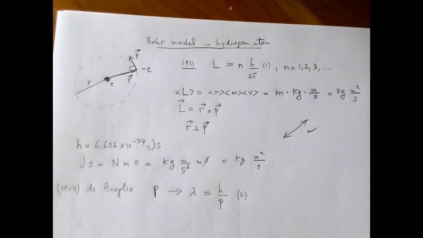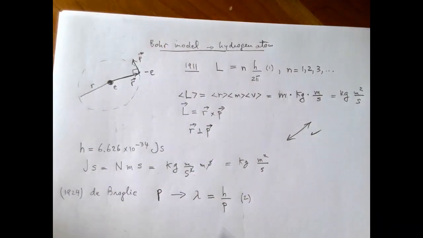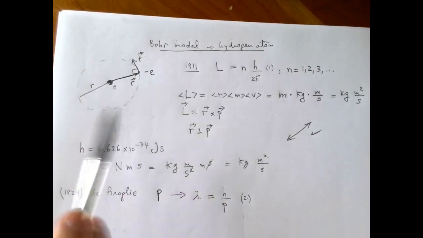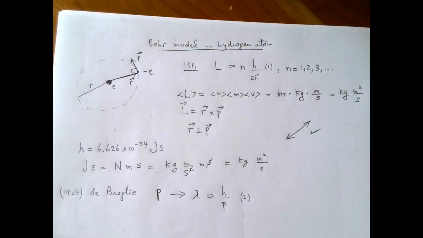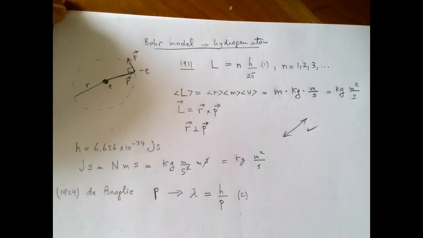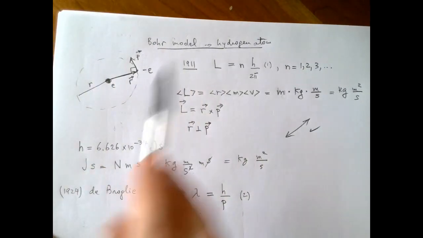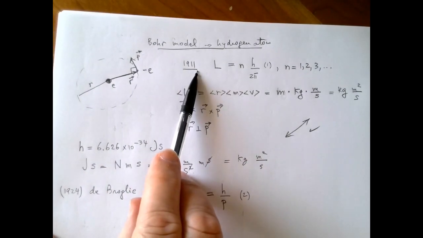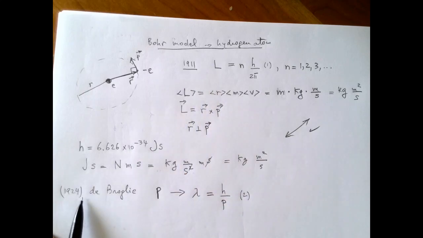So, of course, Niels Bohr could not have talked about wavelengths in building his model for the hydrogen atom, because that was 1911, while the de Broglie hypothesis came up in 1924.